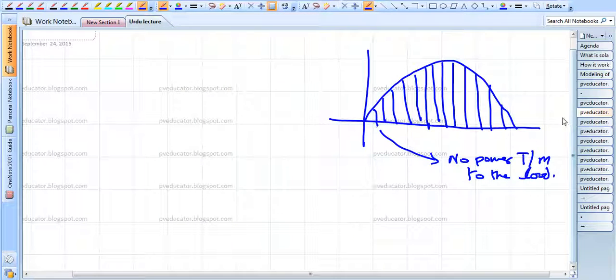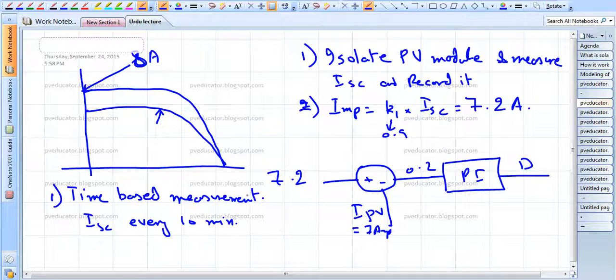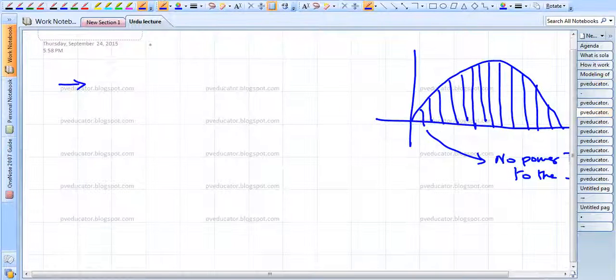In some few advanced methods, one that has been published by me, I have developed some intelligent techniques of sensorless detection of when to short circuit a photovoltaic module, but that will be discussed later on. The point is that a time based measurement requires that we are losing power, which is unacceptable. Therefore this technique is considered not an efficient technique.